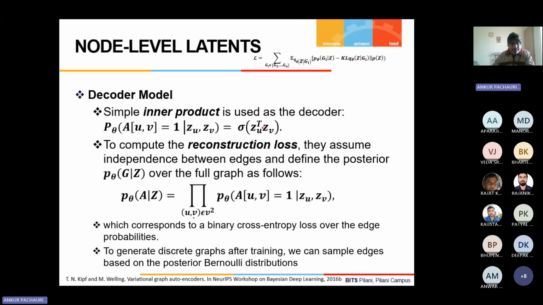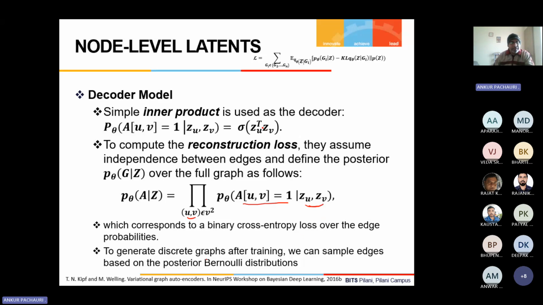It is the product over all UV pairs, UV that belong to V squared, meaning second order, all pairs of nodes such that there is an edge between those two nodes. So the probability of A uv equals 1 based on their latent information, zu and zv, which corresponds to the binary cross entropy loss over the edge probability.